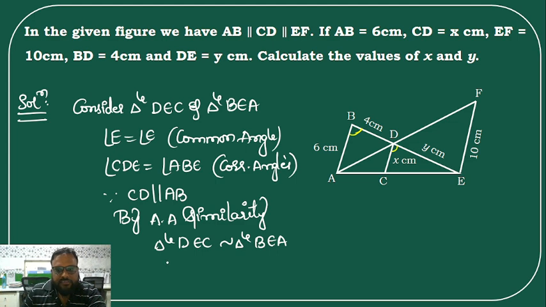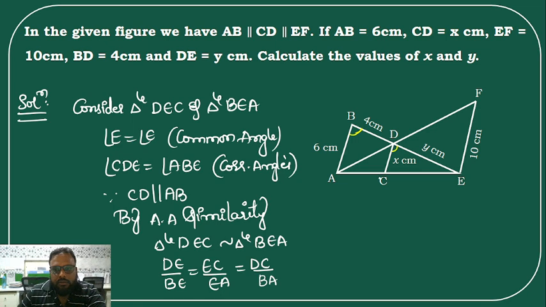So I can write this as DE by BE is equal to EC by EA, is equal to DC by BA.